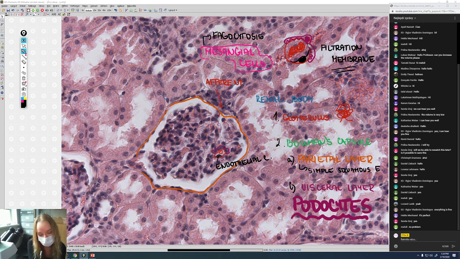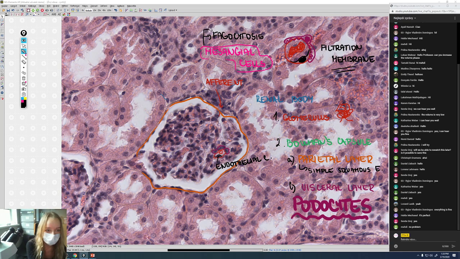You see right here there is a filtration membrane, and we're trying to create some urine. So there is a lot of stuff going through this filtration membrane, and we need to clean it. So these are the mesangial cells for. They're trying to clean the filtration membrane right here. So the main function is phagocytosis.